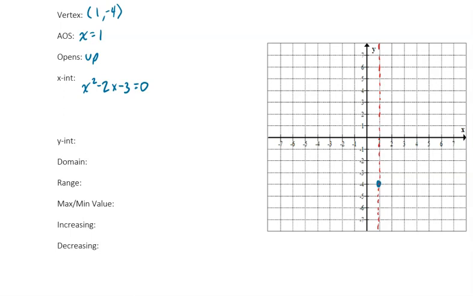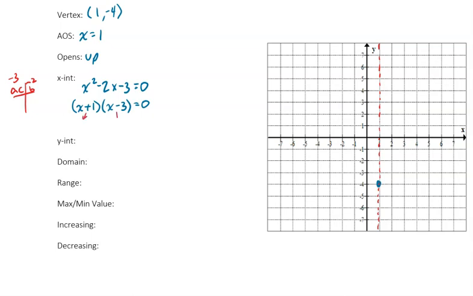In my case, I would factor it. So our a times c is -3. Our b is -2. So we're looking for numbers that multiply to -3 and add to -2. In this case, that would be 1 and -3. So x plus 1, x minus 3.